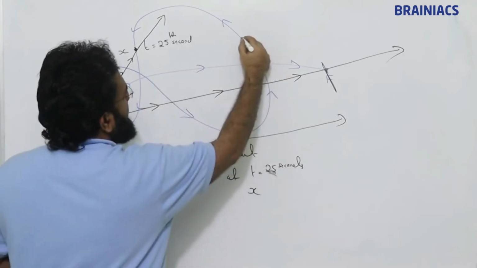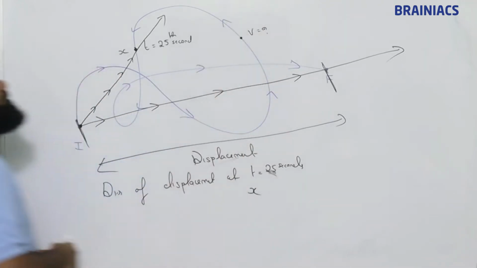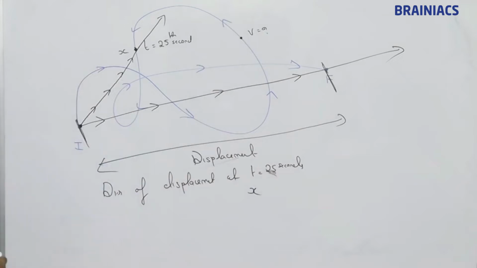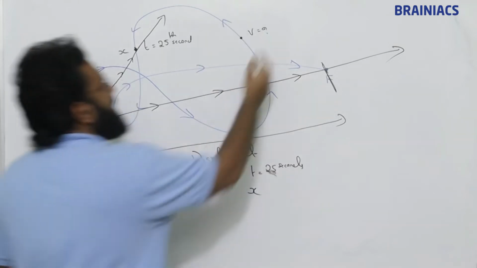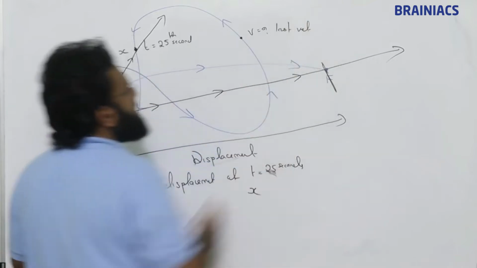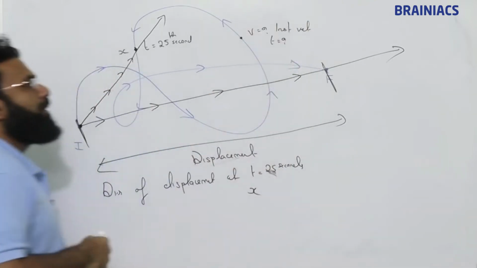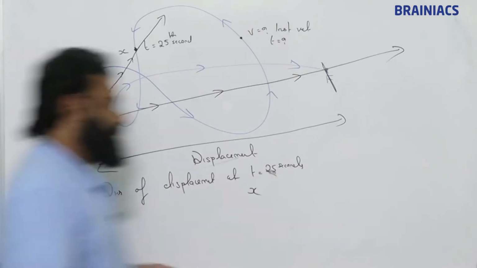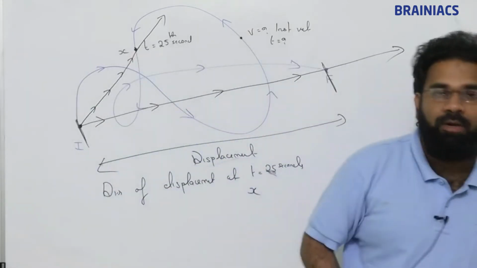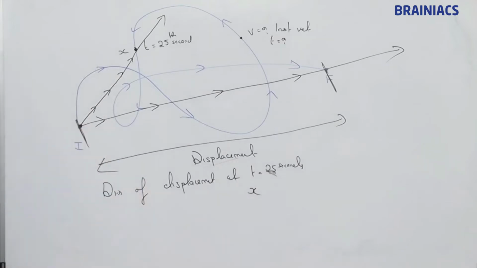When it reached here, what is velocity? So this is what they are asking here, instantaneous velocity. Instantaneous velocity at a time they will be giving. So how to find this? That is what all the discussion is about. Clear? Did you understand very clearly?